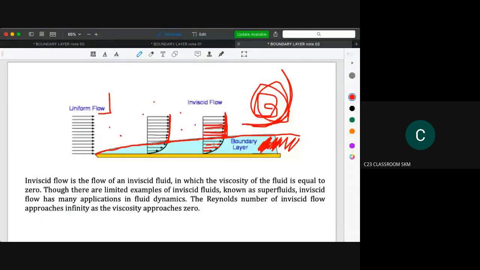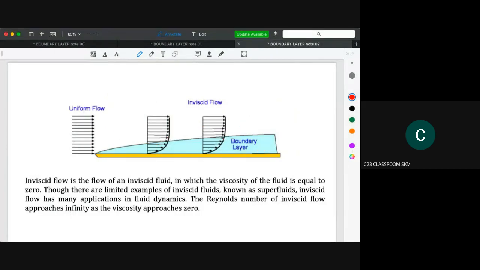However, in the boundary layer, the velocity is varied, and the difference of velocity here is called the velocity distribution.